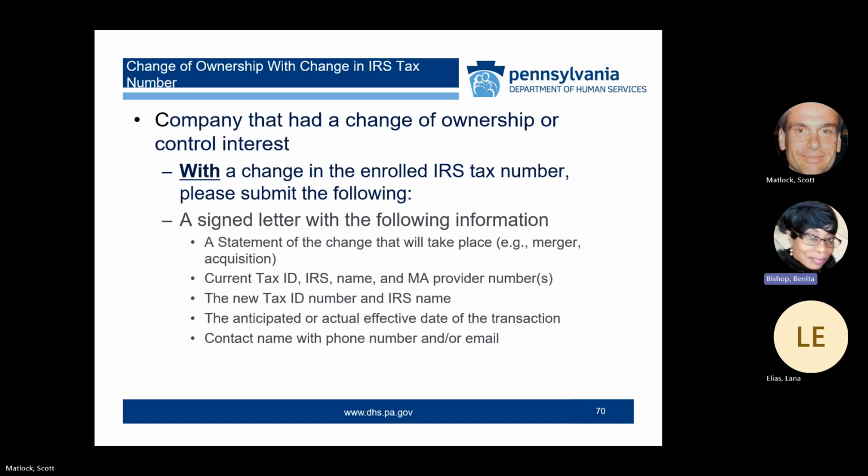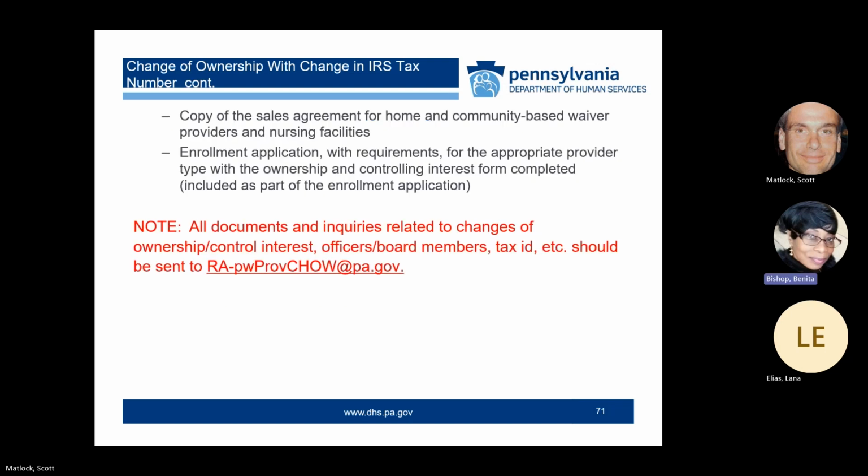I would do both, phone number and email. Also, a copy of the sales agreement for home and community-based waiver providers in nursing facilities, and the enrollment application with requirements for the appropriate provider type with the ownership and controlling interest form completed, included as part of the enrollment application. Please note all documents and inquiries related to changes of ownership and control interest, officers, board members, tax ID, etc., should be sent to the following email.